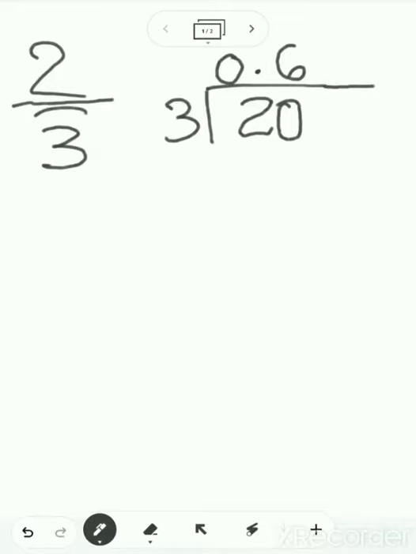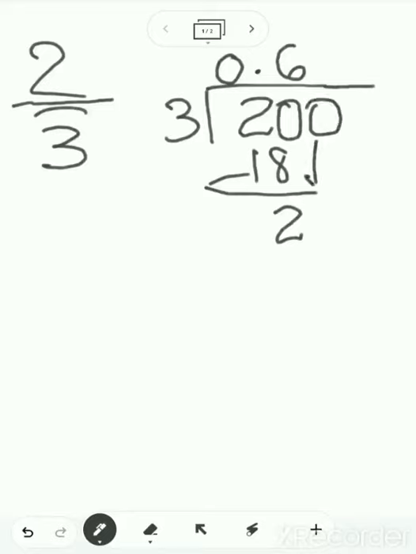We're going to continue by saying 6 times 3, which is 18. And so when we subtract 18 from 20, we are left with 2. Now we have a 2 at the end here, so we are going to continue to divide. So I'm going to put a 0 right at the top here and use an arrow to show that I am bringing it down right here.